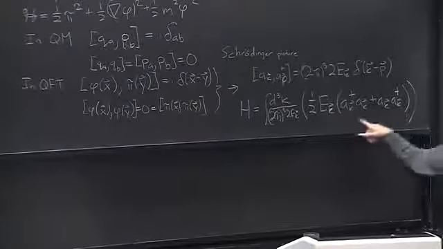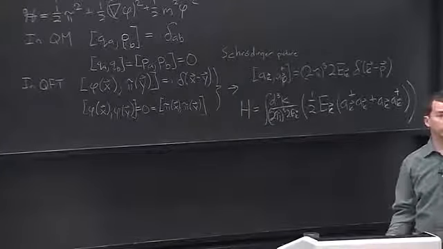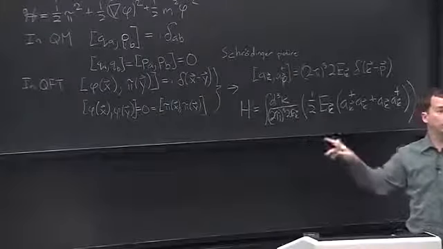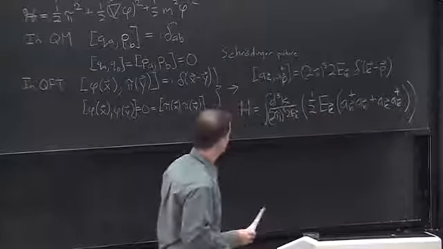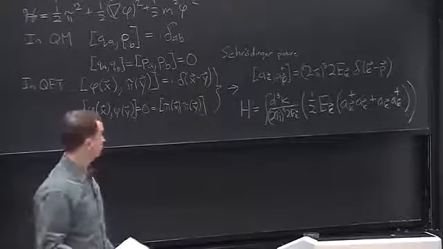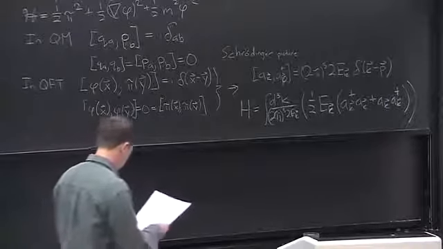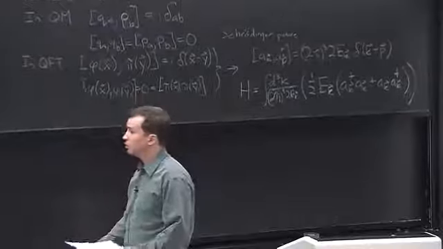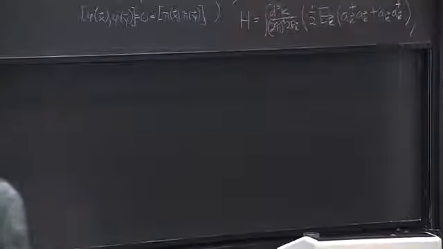So the integrand looks very much like the Hamiltonian you're used to for a harmonic oscillator. We've just got a lot of them, infinitely many. So that's useful to keep in mind. You can think of the free quantum field as just infinitely many harmonic oscillators. Okay, so that's three out of four steps.